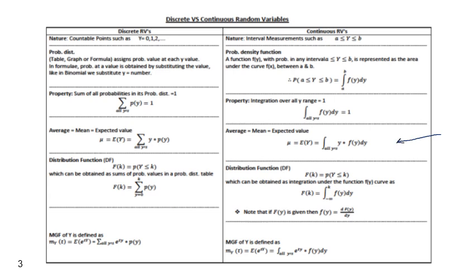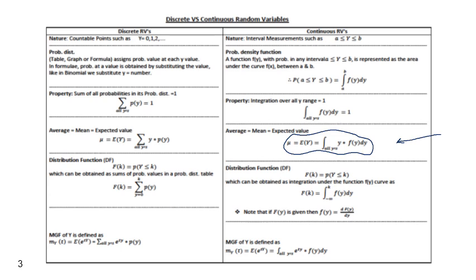In the continuous case, your expectation will be the integration over the whole values of y. You multiply y by the probability of y, which is the density function that will be given to you, and you integrate to get the expectation.